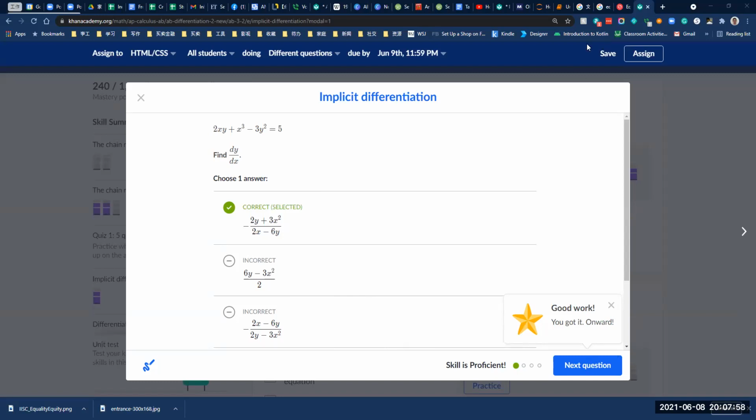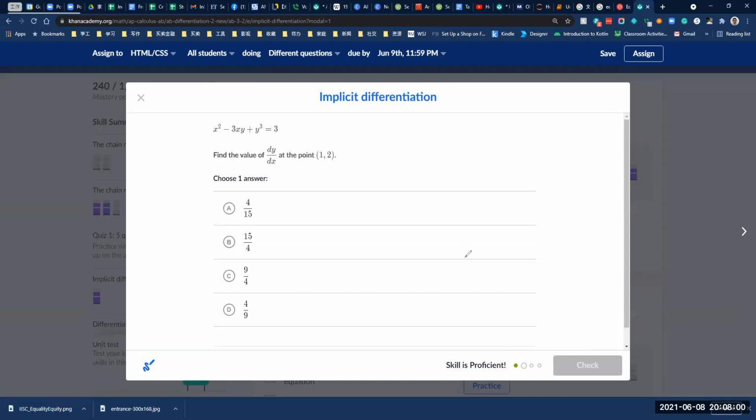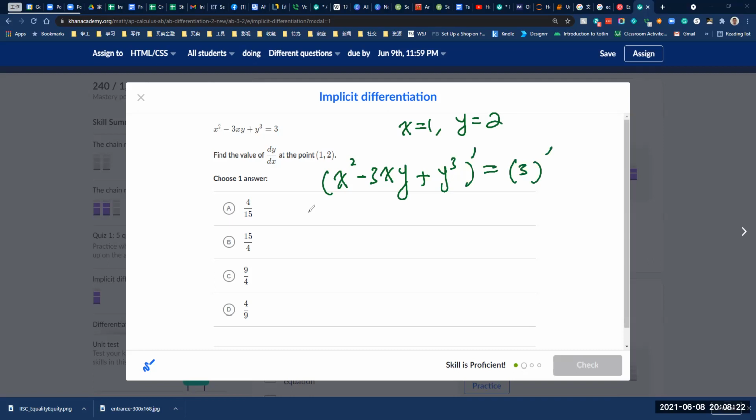Second one, we have to take a derivative first, then we plug in a number. So we know the point we have is x equal to 1, y equal to 2. So same thing, we're going to do this on both sides. Take a derivative here. So x squared derivative minus 3xy derivative plus y cubed derivative, and this is 0.